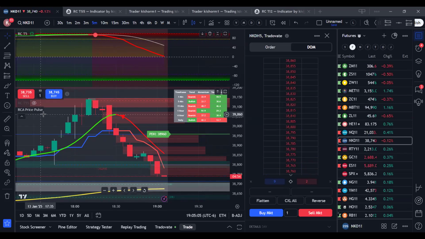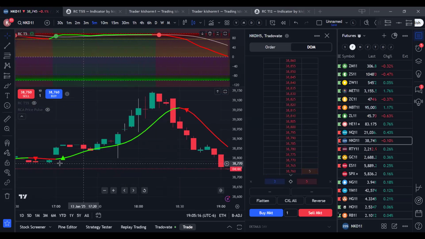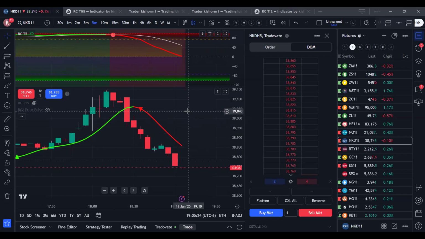Because it will be difficult for you to know where this is red. So for T5, you have two parts. One is the bottom part, where on the chart, if you see a green line, that means price is bullish. If you see a red line, price is bearish according to T5. And it also has a top part which will tell us whether it is overbought or oversold.